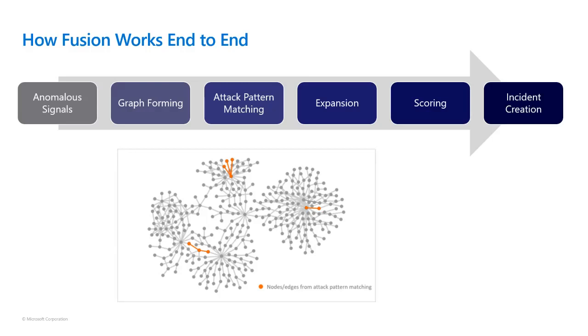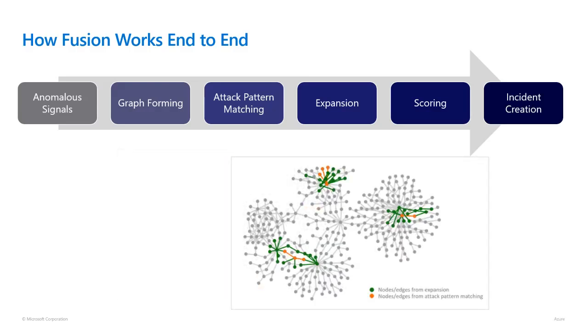I think I mentioned earlier, we have thousands of patterns generated by our model, and there are new ones being generated every day based on continuous learning. In the example here on the screen, there are 3 attack patterns matched in the graph. These are the orange highlighted nodes and edges, and we call each of these clusters subgraphs.